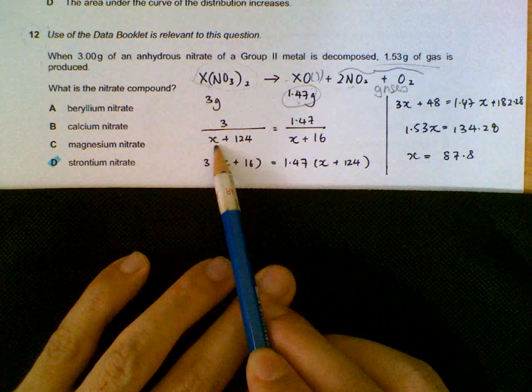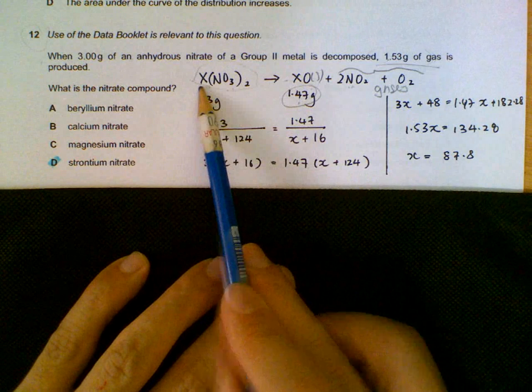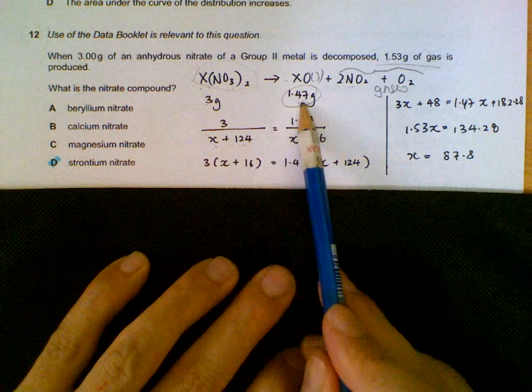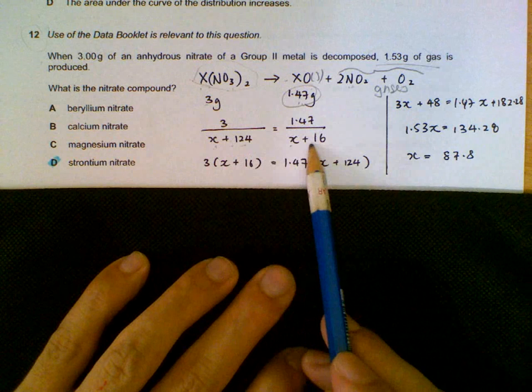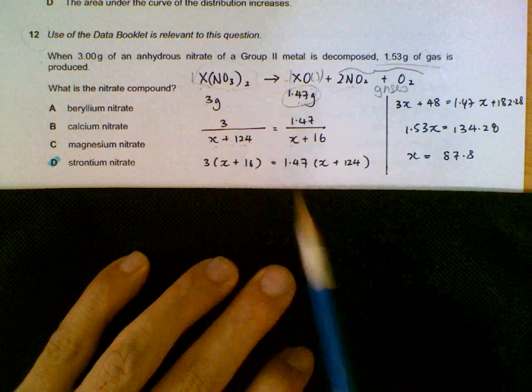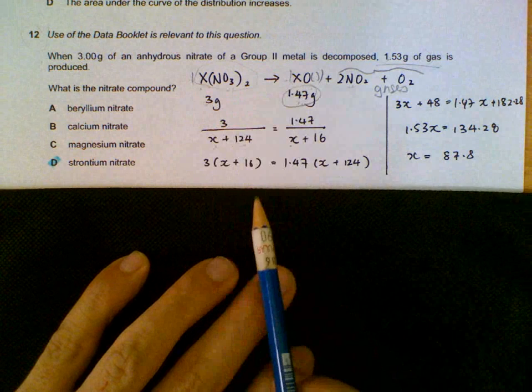where X is the unknown molar mass of the element X. So 3 over X plus 124. This we convert to number of moles also, over X plus 16. Again, they are the same because 1 mole of nitrate gives 1 mole of oxide.